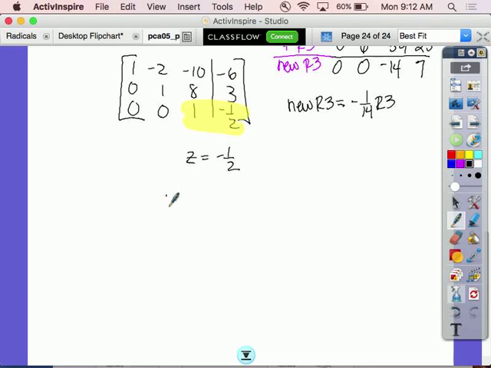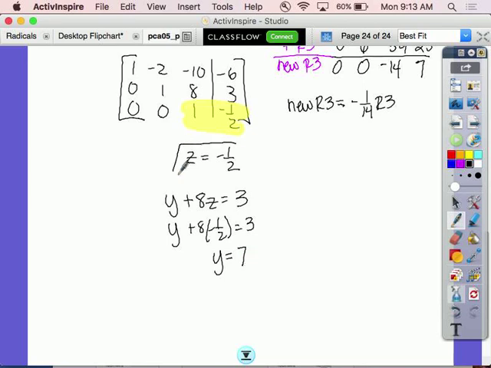So I'll write y plus 8z equals 3, and I'll plug in that negative 1/2. So y plus 8 times negative 1/2 equals 3, and when you work that out, you get y is 7. So we know that z is negative 1/2, and we know that y is 7.